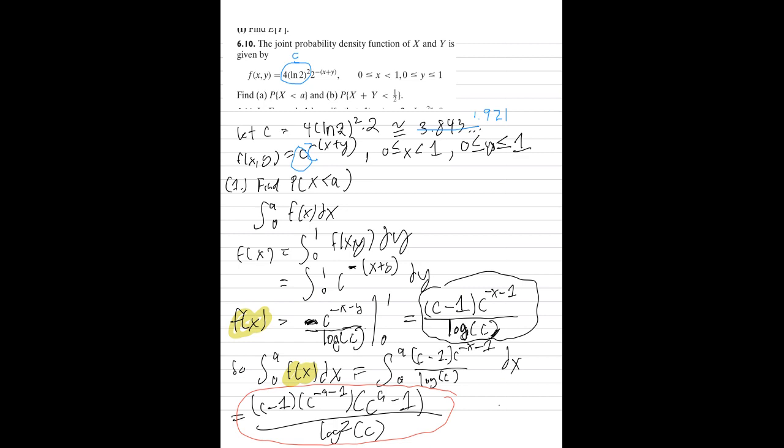So I got c minus 1 times c to the minus x minus 1 over log c, and then once we find fx, we plug that into the integral from a to 0, and the part in red is what I got.